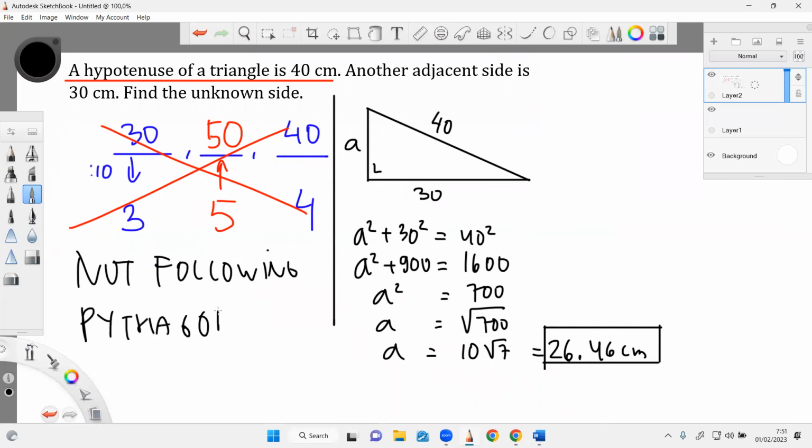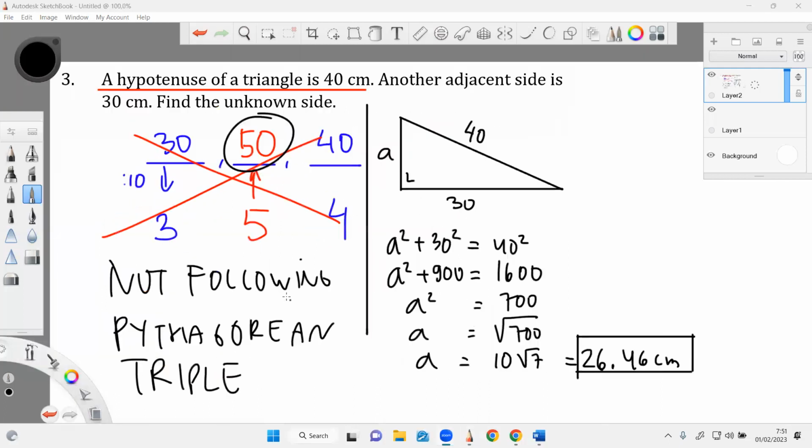This is the trap question. You might think that this is 50, but 50 is the longest and is supposed to be the hypotenuse, but the question gives the hypotenuse as 40, not 50. You may copy the working. This is the type of question that does not follow any Pythagorean triple, so don't use it.